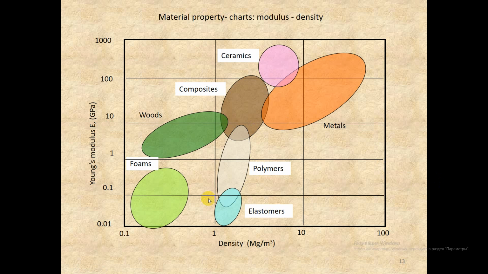Now you can see diagrams which show values of Young's modulus of elasticity plotted against density for all classes of single materials: metals, organics, natural and synthetic, and ceramics, natural and man-made.